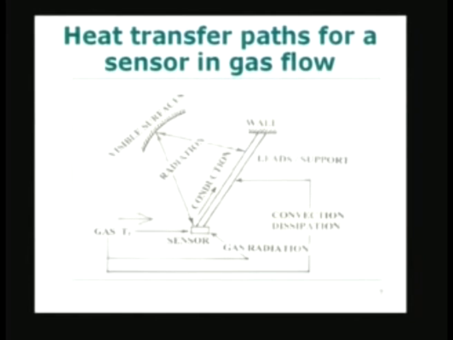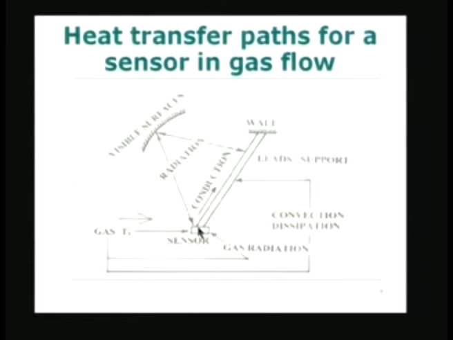Therefore, the error in the measurement of the temperature, which is a systematic error, will depend on the effectiveness of the heat transfer mechanism between the gas and the sensor as compared to the effectiveness of the heat transfer mechanisms from the sensor to all the other things with which it is in physical contact.